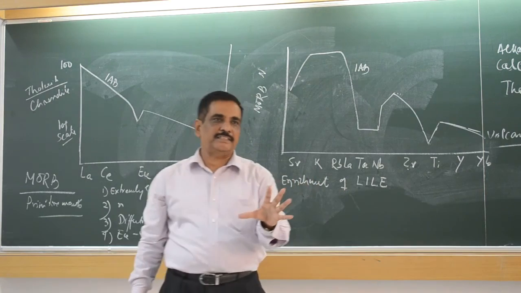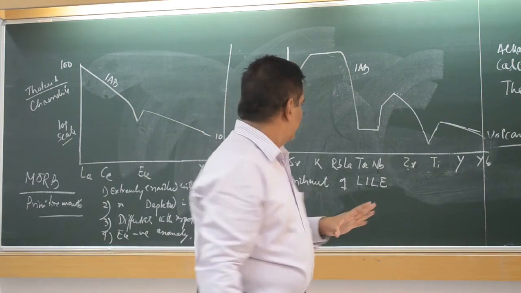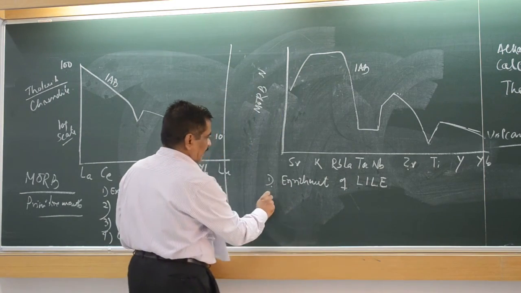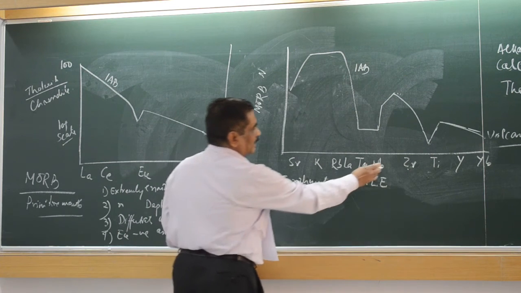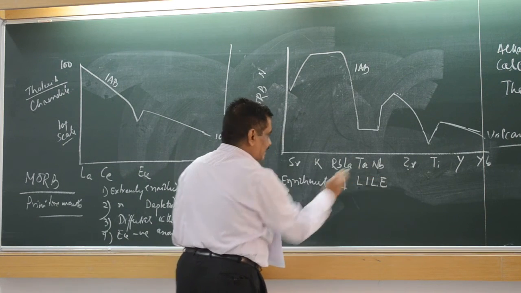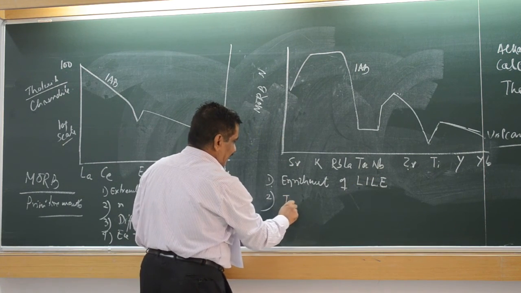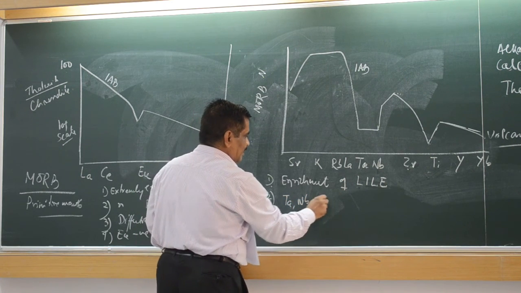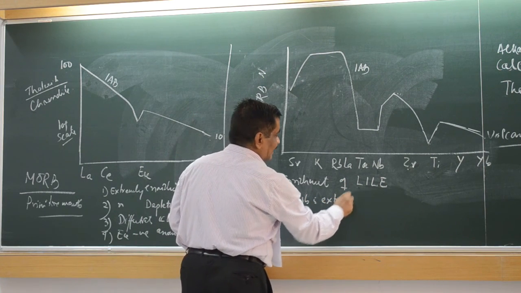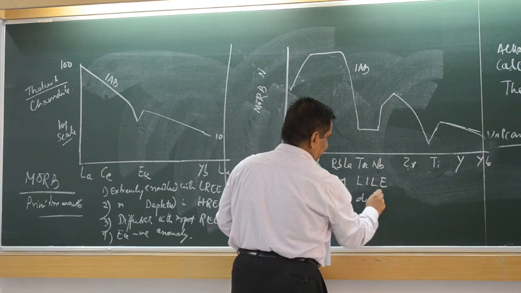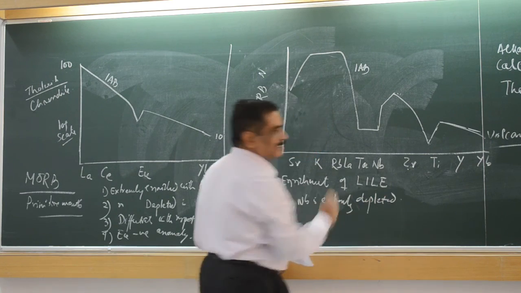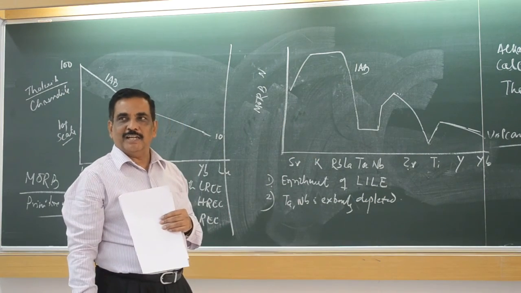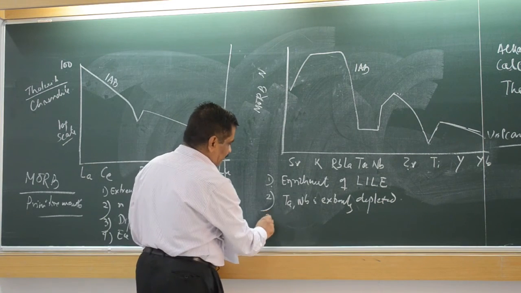These are all called large ion lithophile elements. They are very large in size. Charge is less. So they are enriched. Tell me, the next one is what? Ta and Nb are extremely depleted. Understood? What will I write for this one?